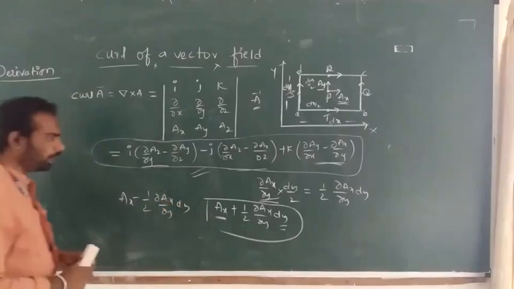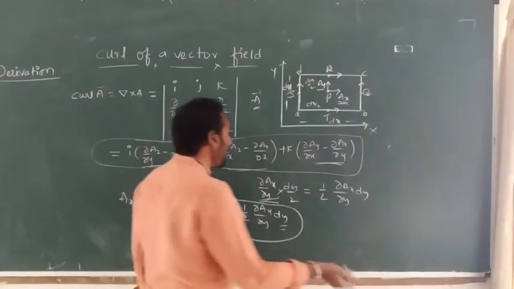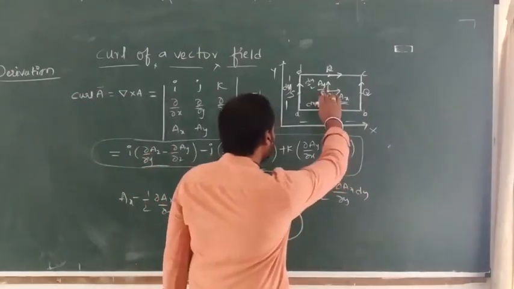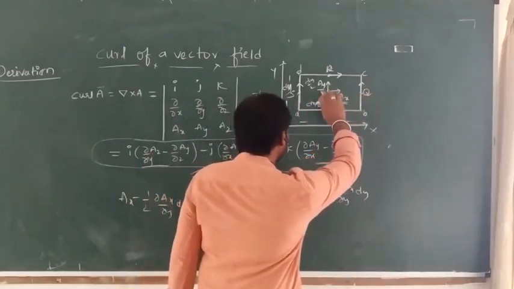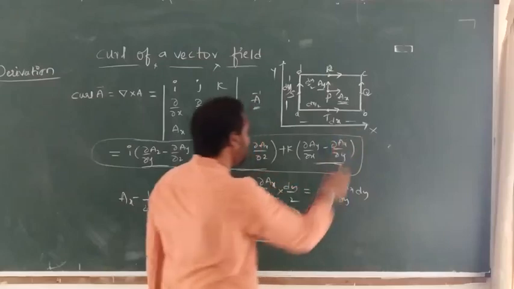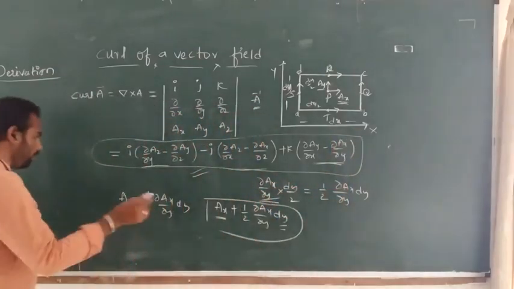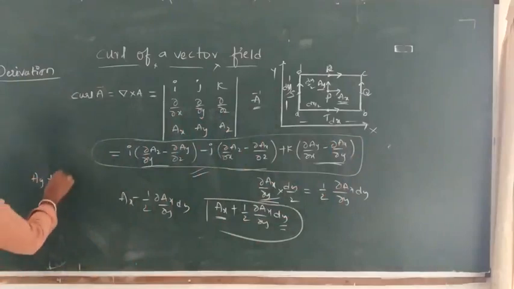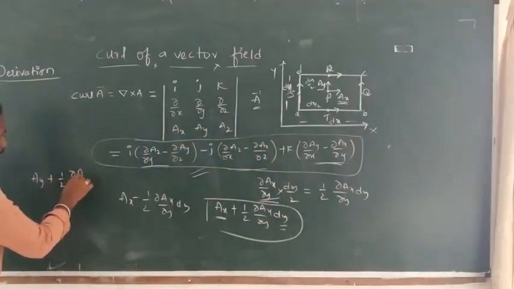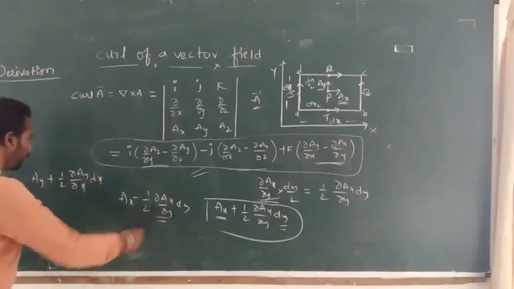Okay, similarly, what about the value of Ay at q? How is the value of Ay changing along q? That will be given by Ay plus half dou Ay by dou x into dx, since Ay is changing along the x axis.